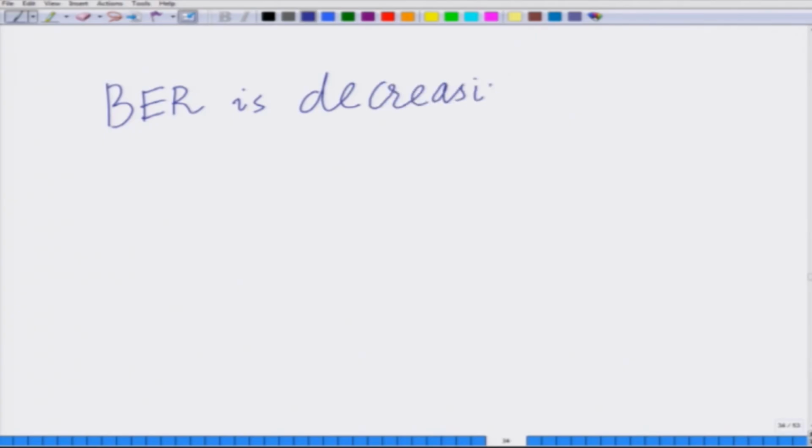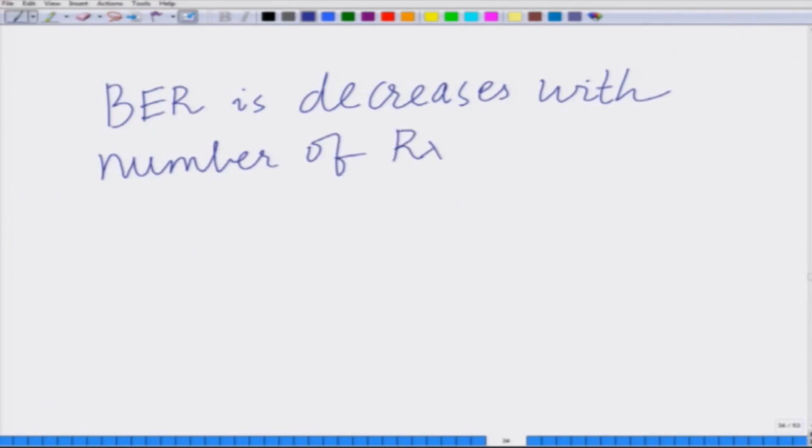The bit error rate decreases with the number of receive antennas.